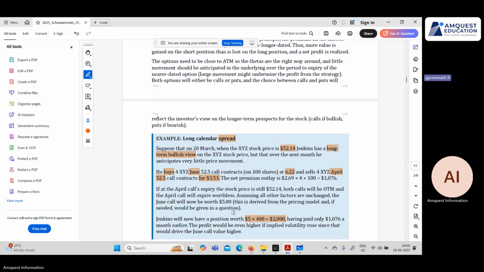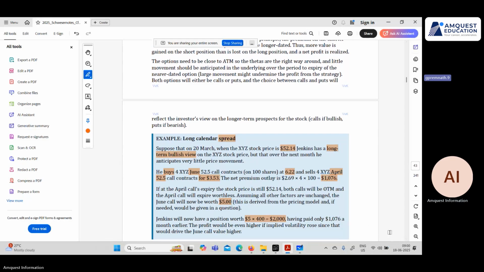No, I'm saying think about this, he's in April right now, and the worth of the option is $5. Exactly. So the worth of his position is $2,000, but effectively he only paid 1076.